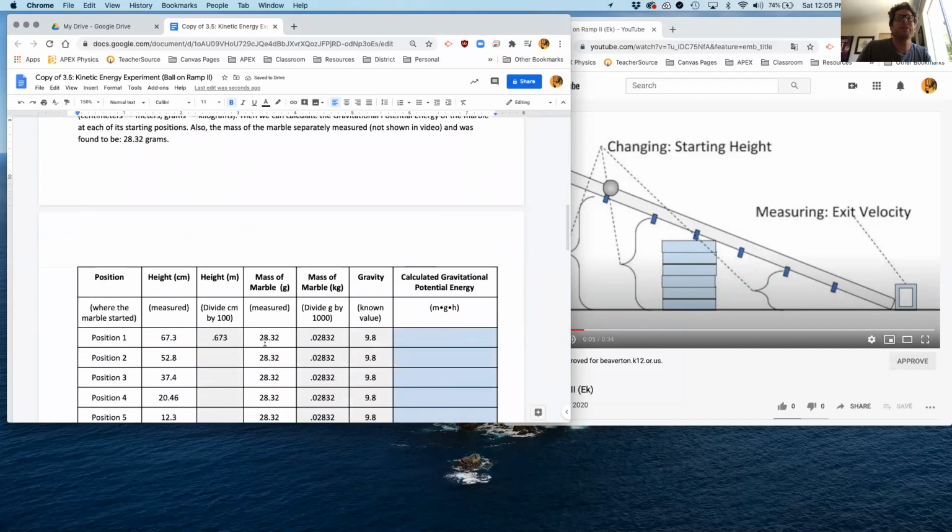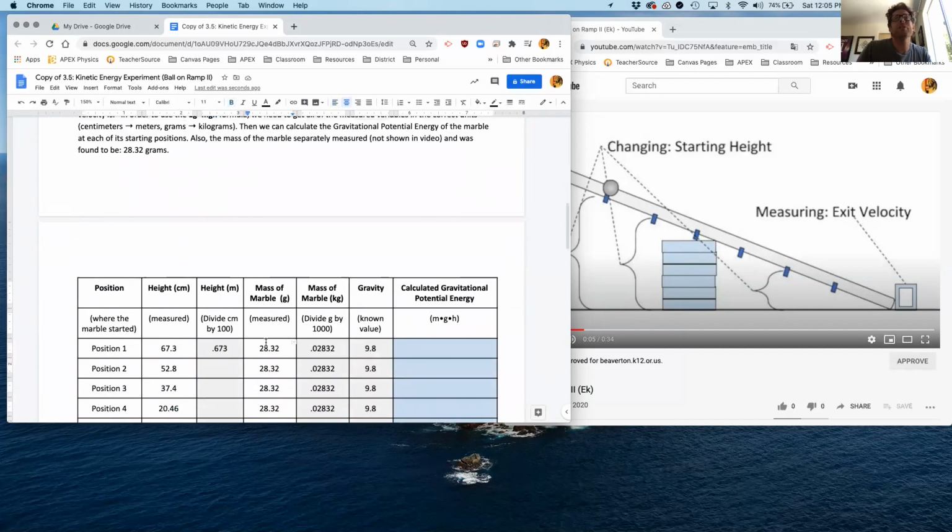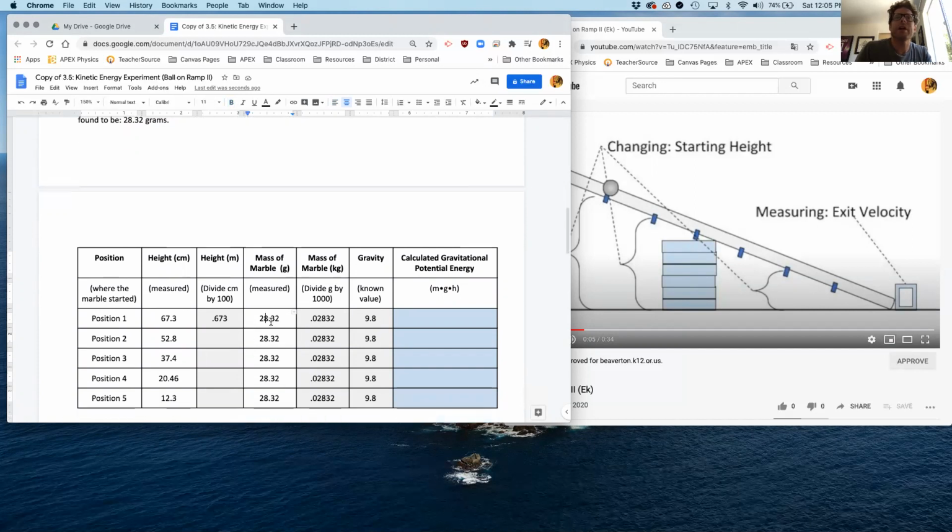To get from these grams, this 28.32, we divide it by 1,000. When I do that, it's like moving 3 spots. I go 1, 2, 3, and I get 0.02832.